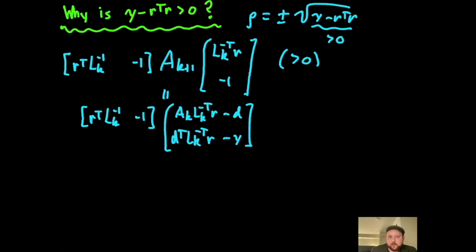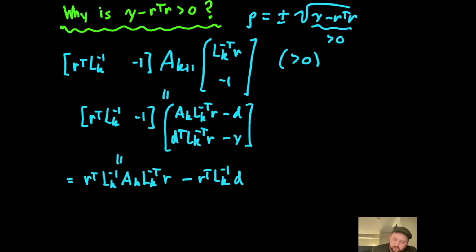Then we continue this dot product and arrive at a long expression: R transpose L_K inverse A_K L_K minus transpose R minus R transpose L_K inverse D minus D transpose L_K minus transpose R plus gamma. Okay, so that's what we end up with.